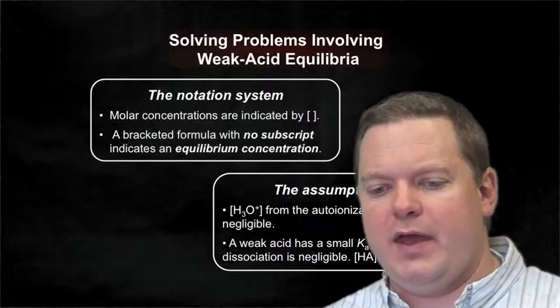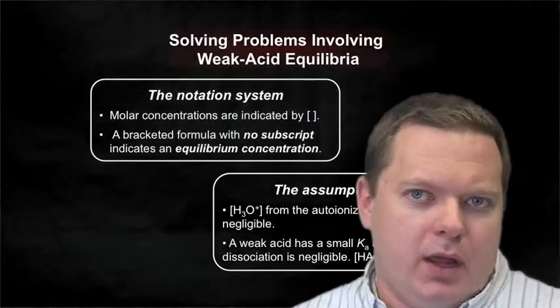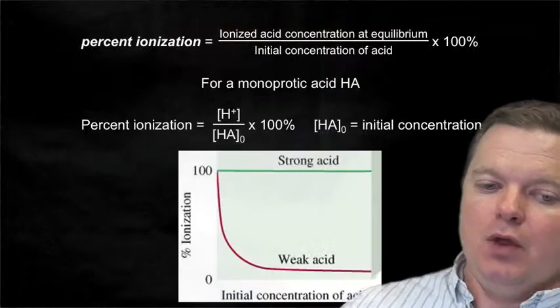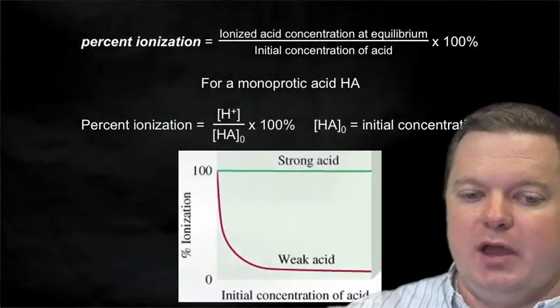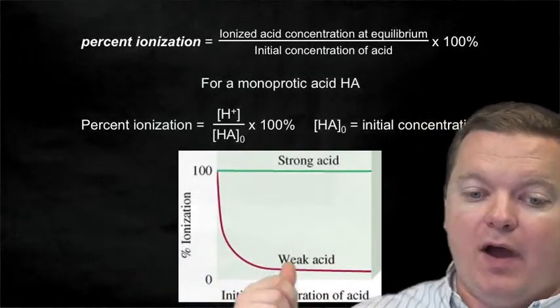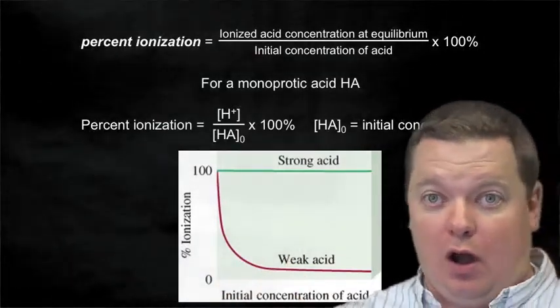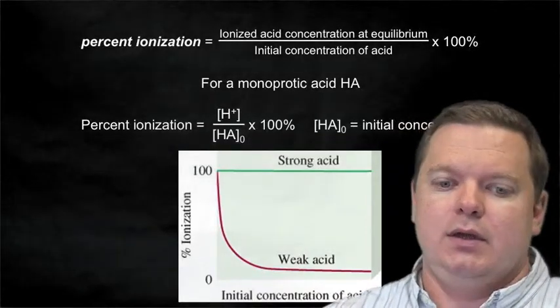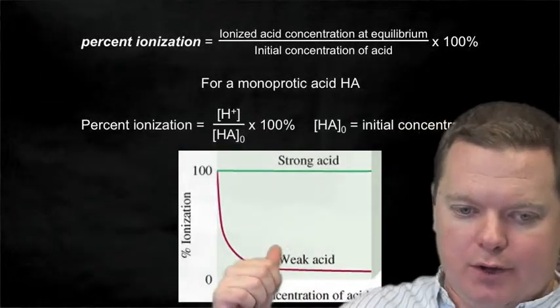We can also talk about a new property in these expressions called the percent ionization. The percent ionization is the amount of ionized product, one of those ions in our product, divided by the initial concentration, or total concentration, of our acid or base, times 100.